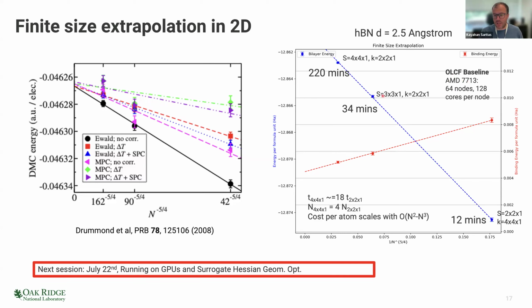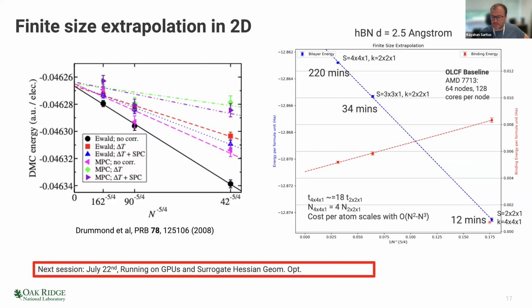All of them ask for the same number of nodes from the queue, 64 nodes, and each node has 128 cores.